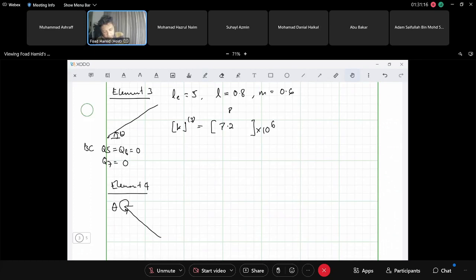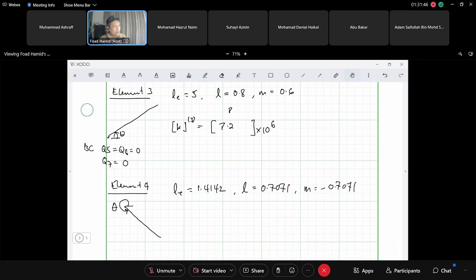My LE for the fourth element is 1.4142. Note that in this quadrant only cosine is positive. So cosine is positive 0.7071, and sine is negative 0.7071.